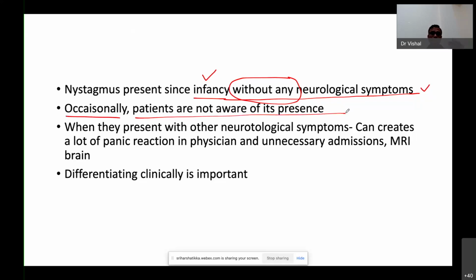That's why it's very important to clinically differentiate between this infantile nystagmus syndrome versus the acquired variety of nystagmus. And when they present with other neurological symptoms, it can create a panic reaction in the physician, and it can lead to these issues. And differentiating it clinically is very important.